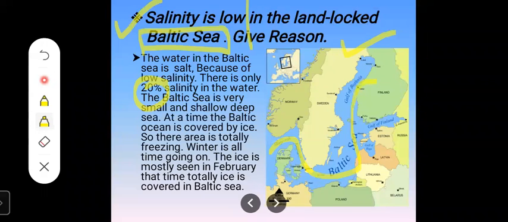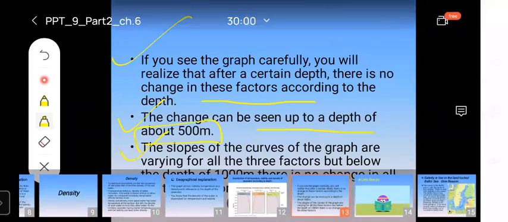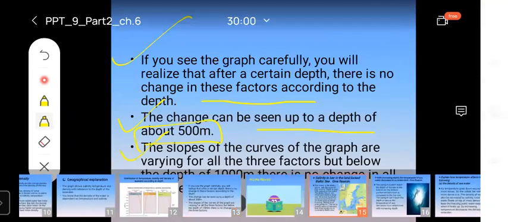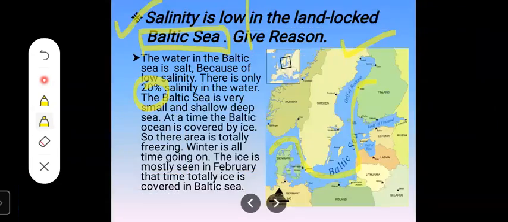This sea is the landlocked sea, meaning the sea is in between and completely surrounded by land. To the right side and the left side of the sea, land is there. So that's why it is known as a landlocked sea.